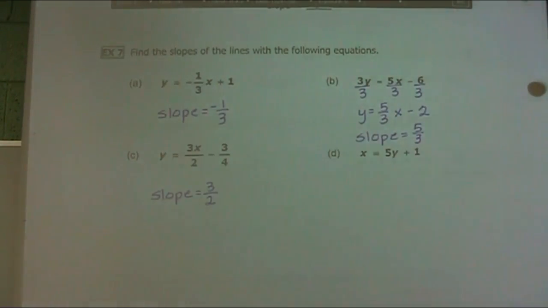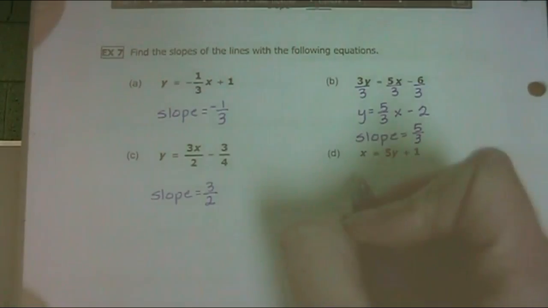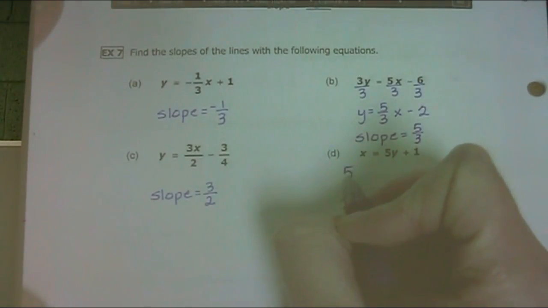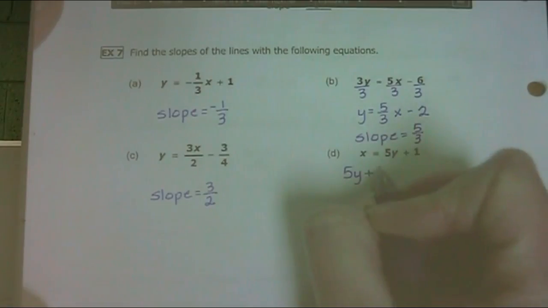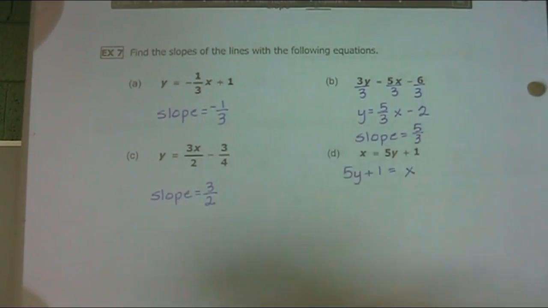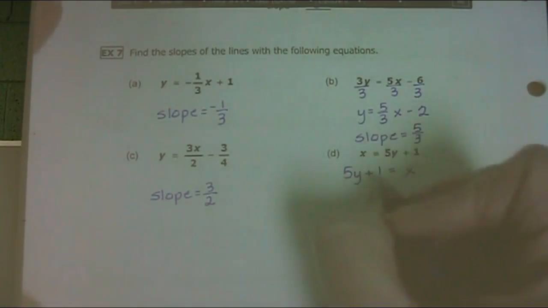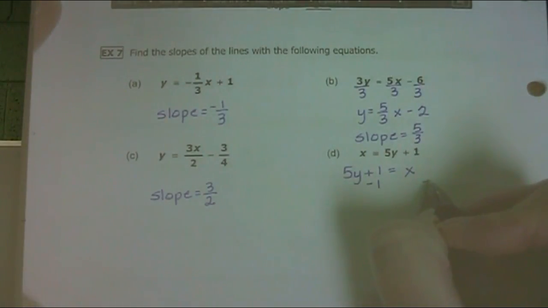One of the things I can do to get that to occur is, since x and y are both on the wrong side of the equation, I'm just going to flip the 2 sides of the equation. So I have 5y plus 1 equals x. And what that did for me was get the x on the right side and the y on the left side. But now I need the 1 on the other side, so subtract 1 on both sides.